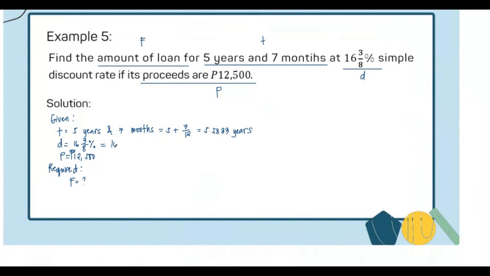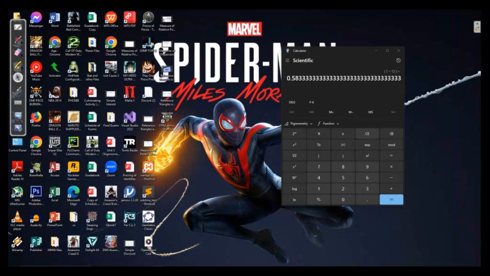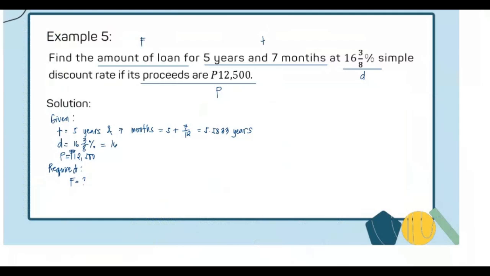So, 16, that's a whole number. We make use of that as it is. Yung 3/8 na lang. Ano yung value ng 3/8 in decimal form? So, yung 3/8 natin is going to be 3 divided by 8, which would give us 0.375. So, that's going to be the value that we add with 16.